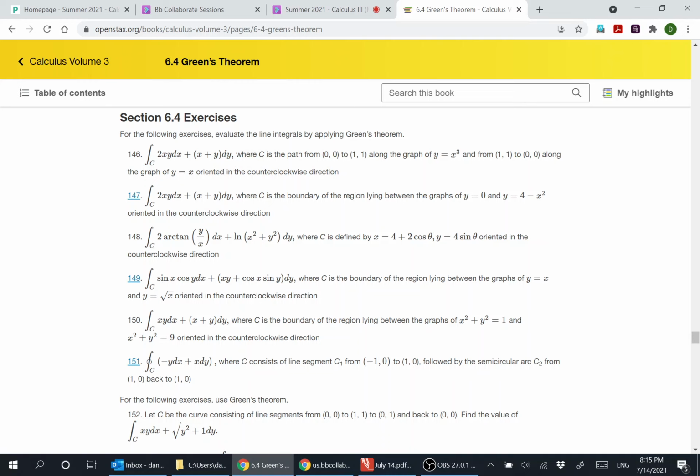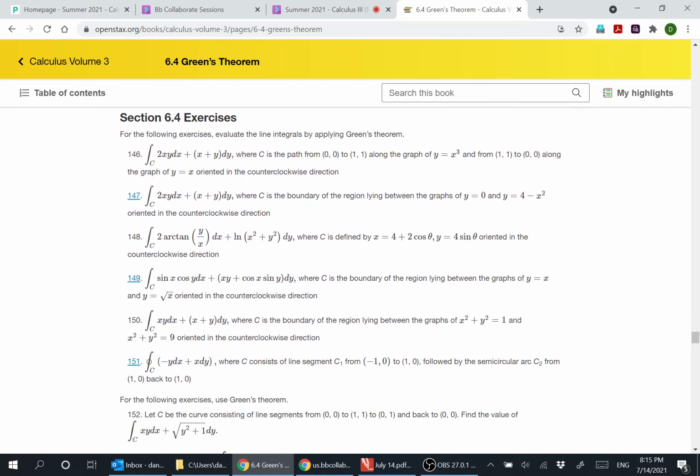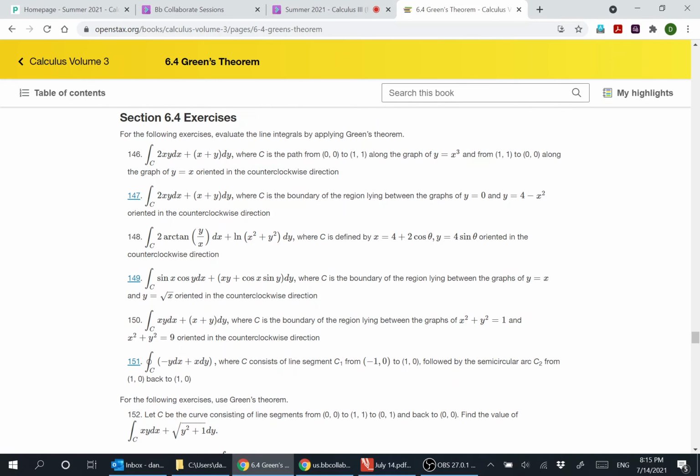140 is not in this section, that's in the previous section. Oh, I think we can just leave it out. So 149, we'll just go to 149 here. For the following exercises, evaluate the line integrals by applying Green's theorem. So in 149, and they always present it in this P dx plus Q dy form, we have sine x cosine y dx.